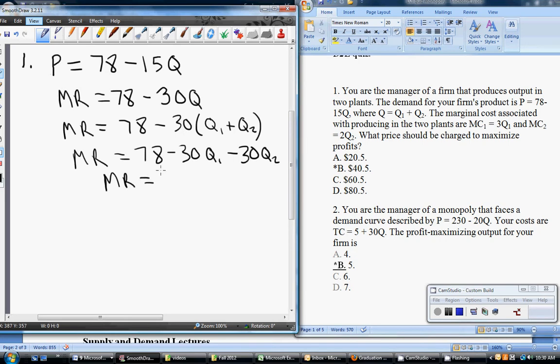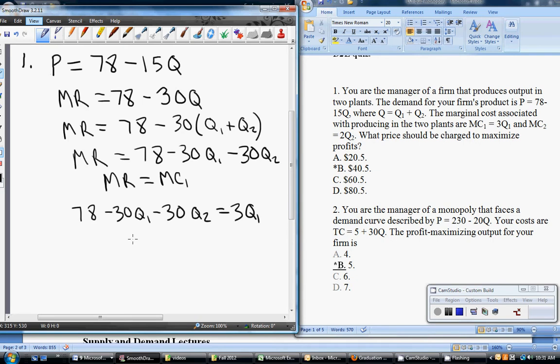And let's set it equal to the marginal cost of plant 1, which we see over here is 3 times output. And we get the following result.